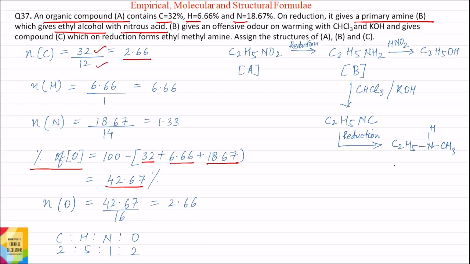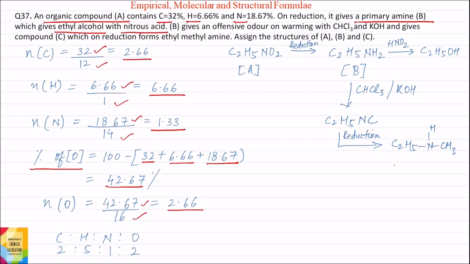Moles of hydrogen होगा percentage of hydrogen divided by atomic weight of hydrogen, which is equal to 6.66 moles. Moles of nitrogen होगा percentage of nitrogen divided by atomic weight of nitrogen, which is equal to 1.33 moles. Moles of oxygen होगा percentage of oxygen divided by atomic weight of oxygen, which is equal to 2.66 moles.